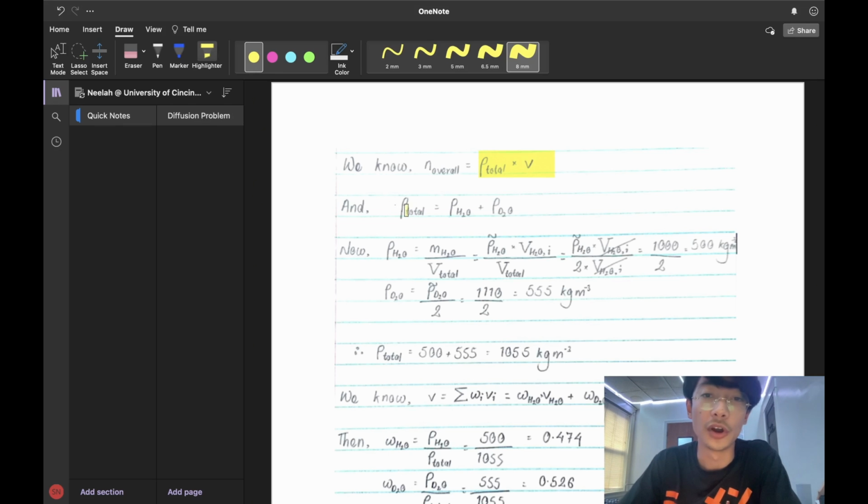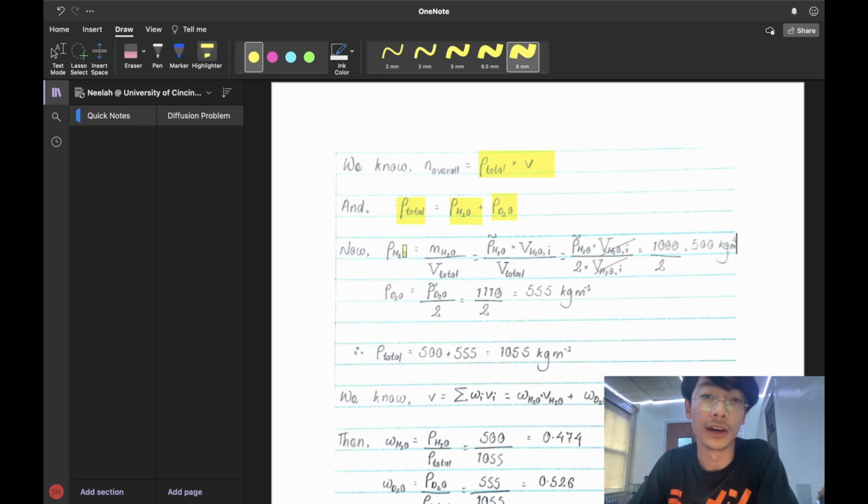Then we know that the total mass concentration is equal to the mass concentration of water and the mass concentration of deuterated water, D2O. So let's calculate those values as well. We know that the mass concentration of one component is equal to the mass of that component divided by the total volume that the mixture is occupying.